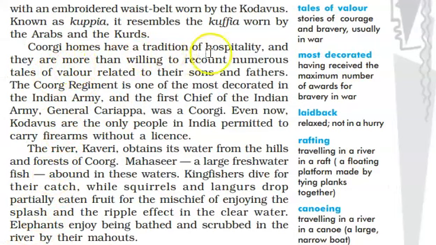Coorgi homes have a tradition of hospitality, so you can use this quality also. They welcome guests and they are more than willing to recount numerous tales of valor. In other words, you can say they are brave, they are courageous, they are gallant. So these are the 2 characteristics that you can use.